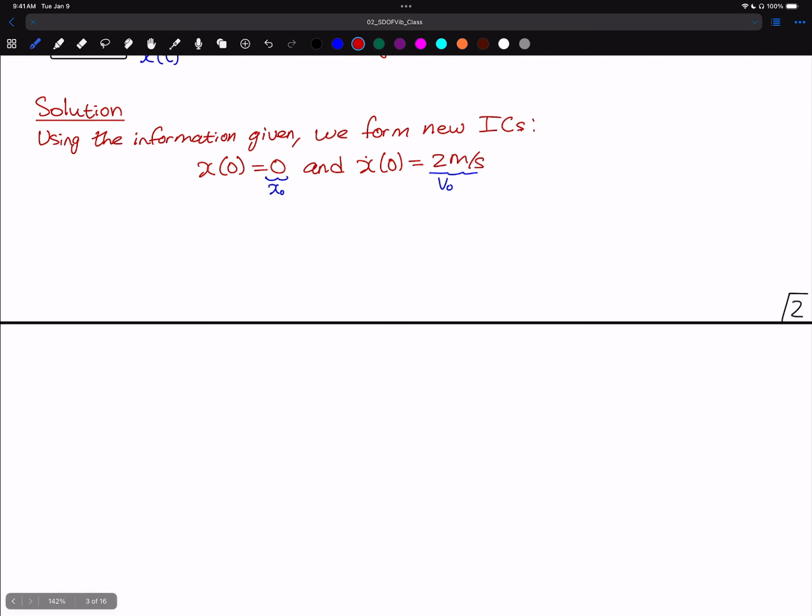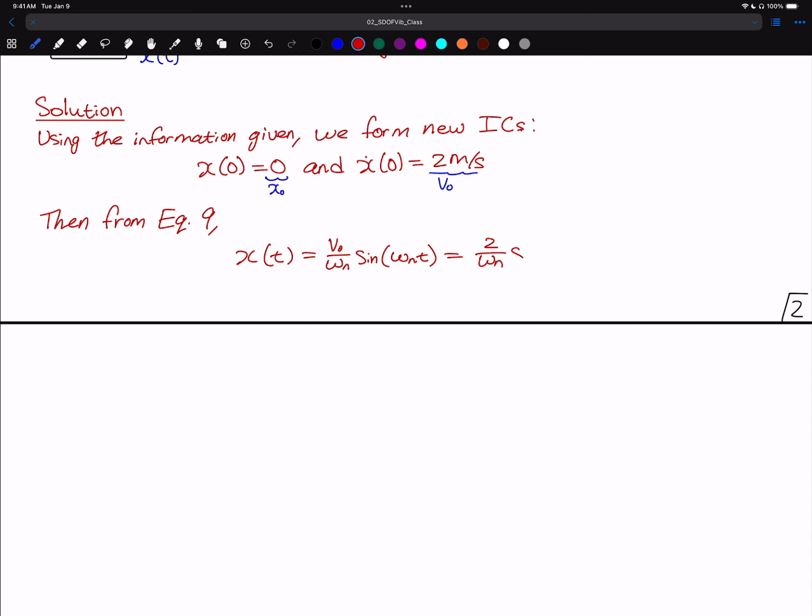So let's just say then, from equation 9, x of t will be equal to v0 over omega n times sine of omega n t, equal to 2 over omega n sine omega n t. So now we know what the displacement is. We need to do a couple of things. We need to compute the acceleration, and then we also need to find the natural frequency.